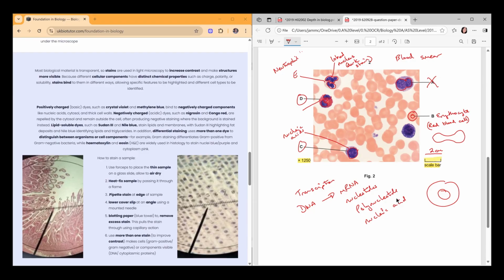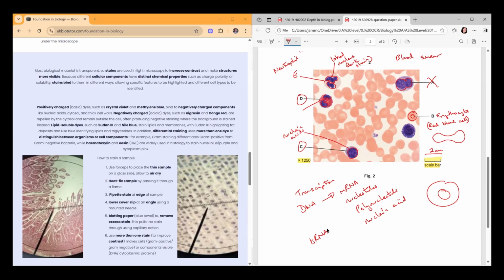Also, you've got to remember that tRNA, when we're doing translation, is also made up of nucleotides. It's a polynucleotide. It is a nucleic acid. So don't get hung up on the fact that DNA is the only nucleic acid within the cell, because it's not.